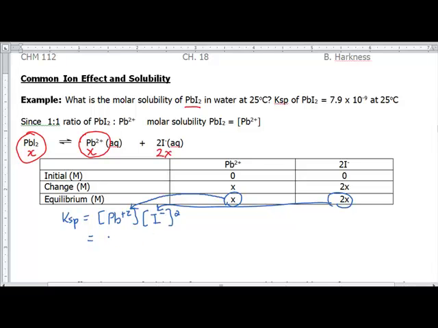So I get X times 2X squared, that's equal to 4X cubed. And I have my KSP number, 7.9 times 10 to the minus 9. If I solve for X, I get 1.3 times 10 to the minus 3 per liter. So that's the molar solubility of lead 2 iodide, just in water.